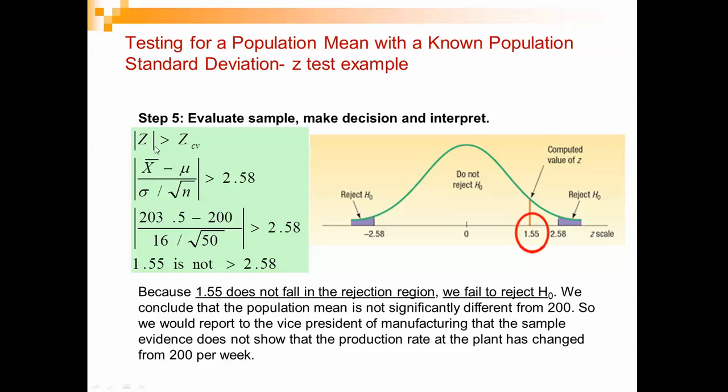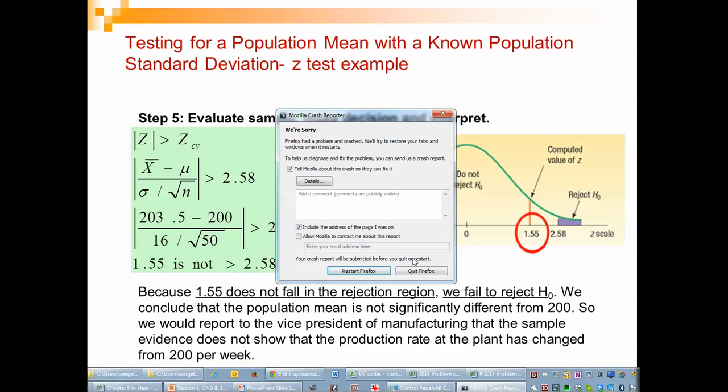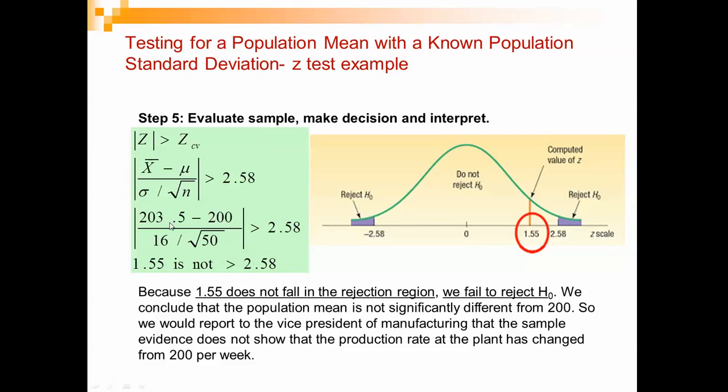It's the absolute value of our z statistic, and we want to see if it's greater than the z critical value, which is what we determined from Appendix B1. Yes, B1. So we stick our z formula in here, which is x bar minus mu divided by the population standard deviation divided by the square root of n, and we take the absolute value of that, and we see if that's greater than 2.58.